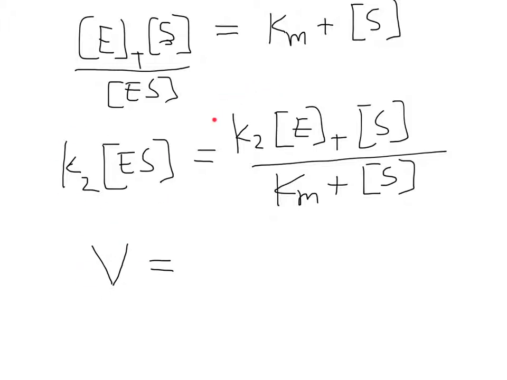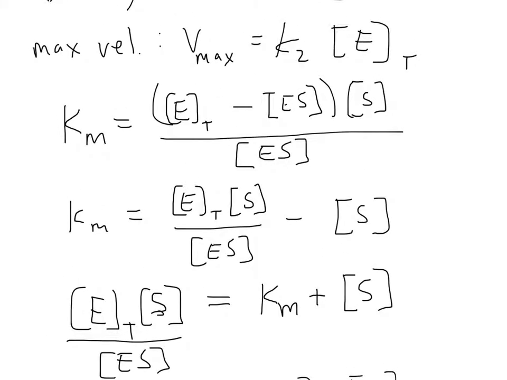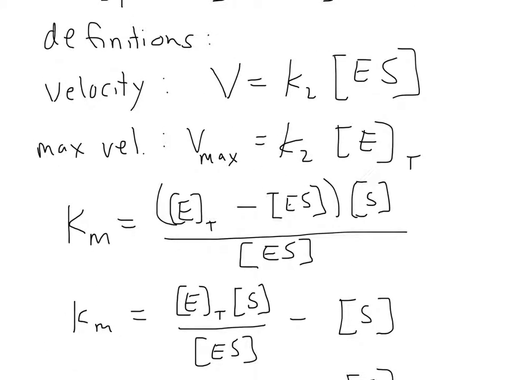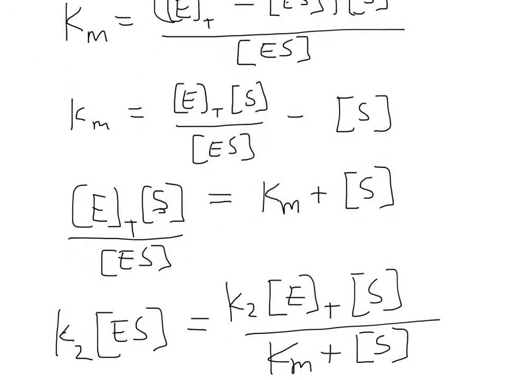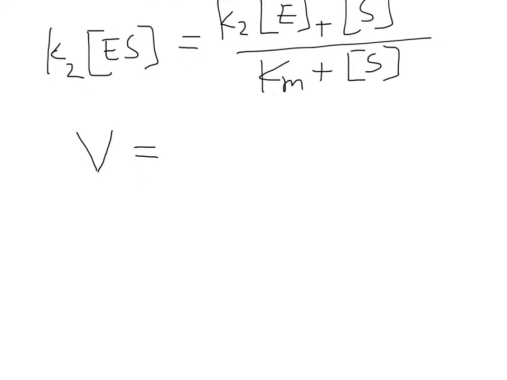But over here I notice I get something which I defined previously. Remember, this is the maximum amount of the complex. Let me move back here and show you that. Here we go, Vmax, right here. Right? Because the maximum amount of complex is this ET. So K2 times ET, I'm going to replace with that Vmax, which is a common way to write this.